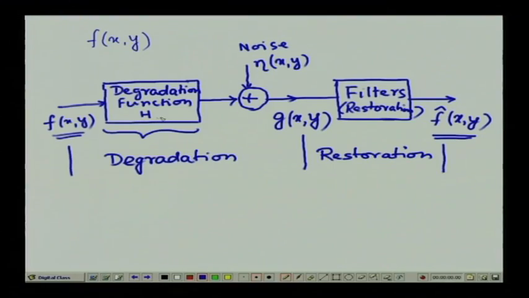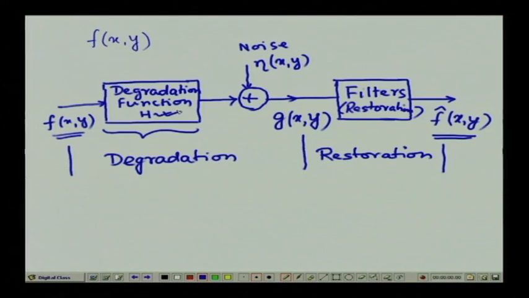So, one of the fundamental and very important tasks in the restoration process is to estimate the degradation model which has degraded the input image. Later on we will see various techniques of how to estimate the degradation function h.